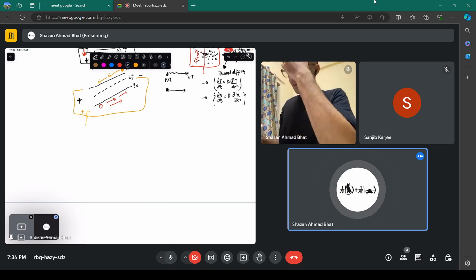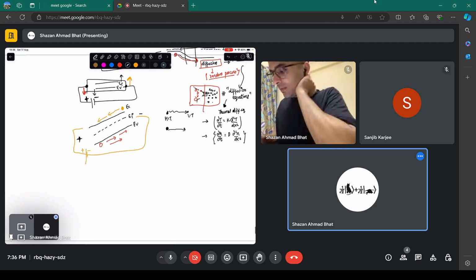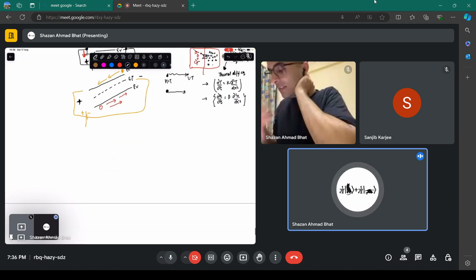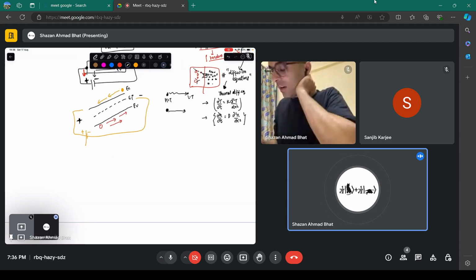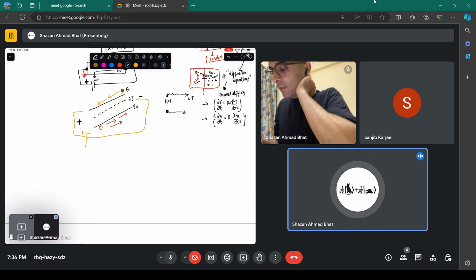Now, let's consider the drift. What is the drift here? How does the electron move in this band? If this is an electron, it does not directly go down like this. That's not the thing. The electron goes in steps of energies. You know that there are many energy levels here, because I told you that there's a distribution of electrons.